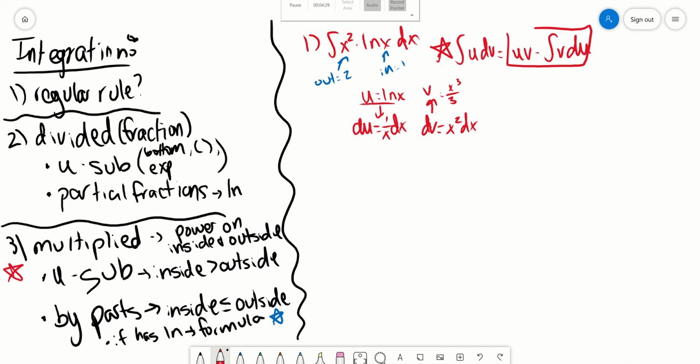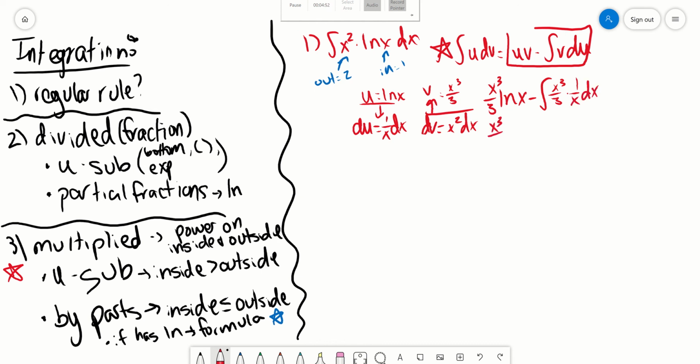So now we're following this part of the formula. So uv, I'm going to put them vu though. So x cubed over 3 ln of x minus the integral of v, x cubed over 3, times du, which is 1 over x dx.